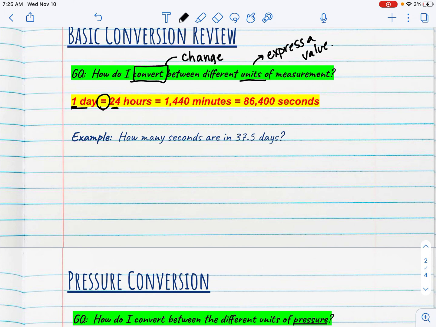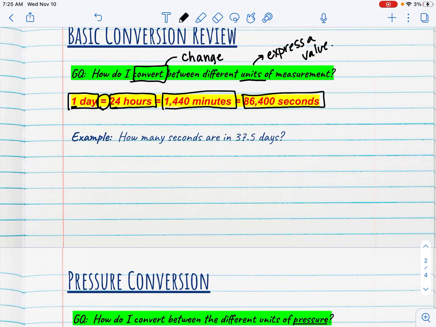We know that 1 day is the same length of time as 24 hours. Now, maybe you might not have known that that's also the same length of time as 1,440 minutes and 86,400 seconds, okay? So all of those amounts are showing the same length of time.